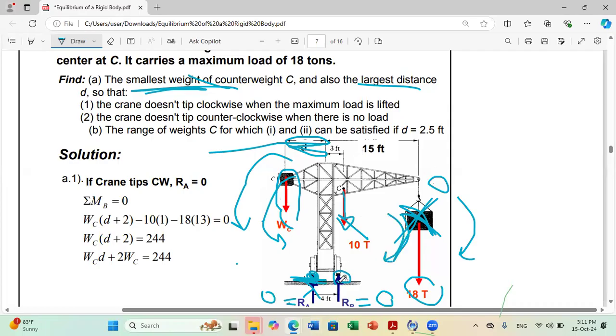Then you will support yourself at B, and you will lose contact with A.